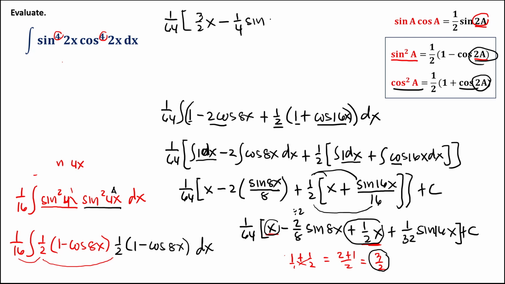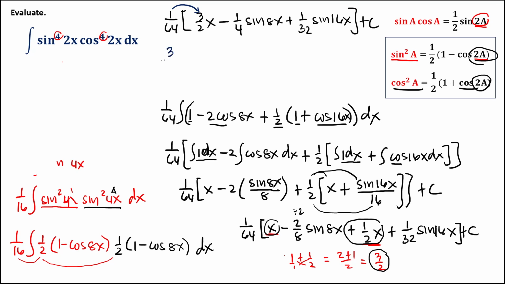Then sine 8x, then plus 1 over 32 sine 16x, then plus c. Then this time, multiply by this 1 over 64.